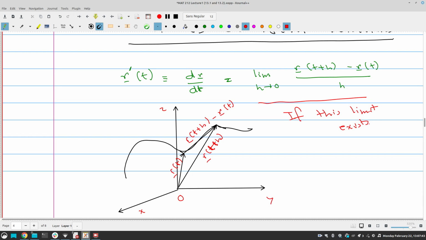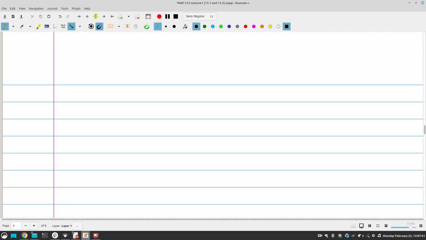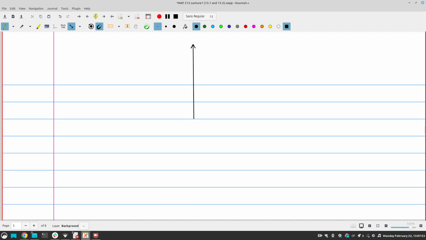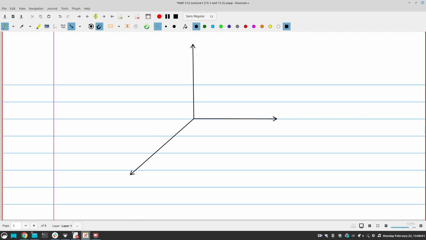So for example, if I were to draw this stuff again, this is Z, X, Y. The diagrams are a lot clearer on page 898 of your textbook.